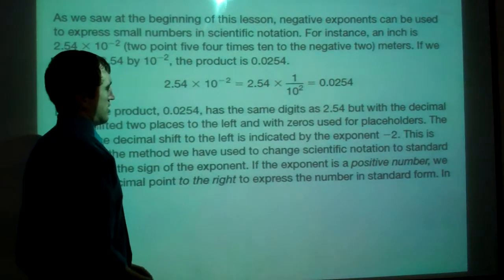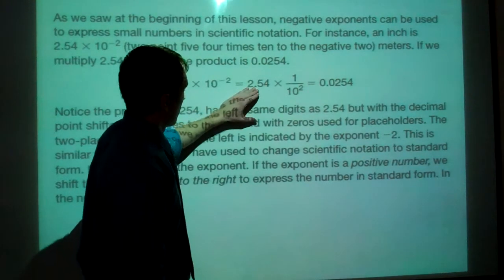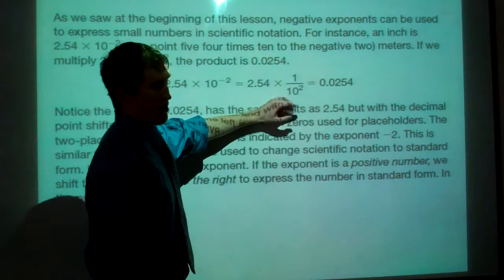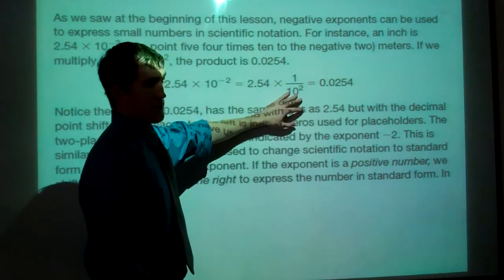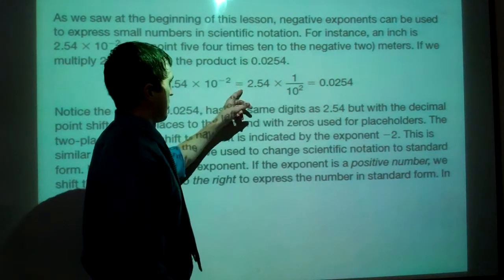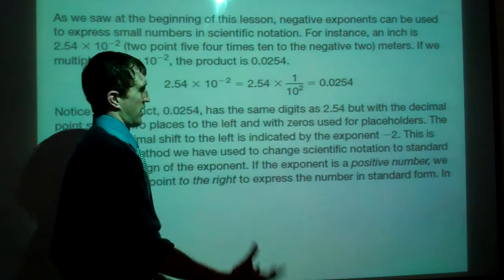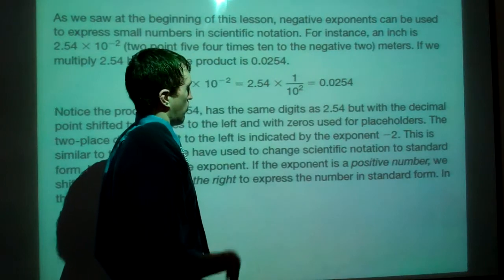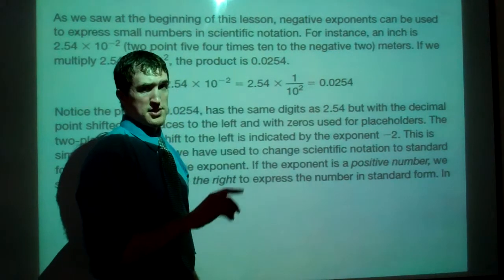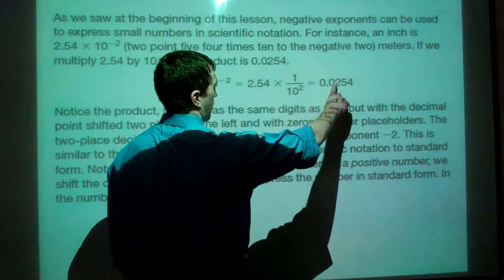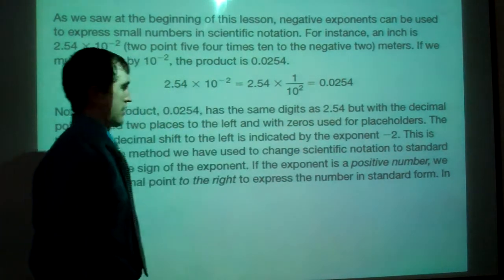So really this is 2.54 divided by 100. And when we divide by powers of 10, it moves our decimal over however many spaces we need to go. Well, 2.54 divided by 100 means we're going to move it 2 spots to the left. So it was here, 2.54, 1, 2, and that's where we get that from.